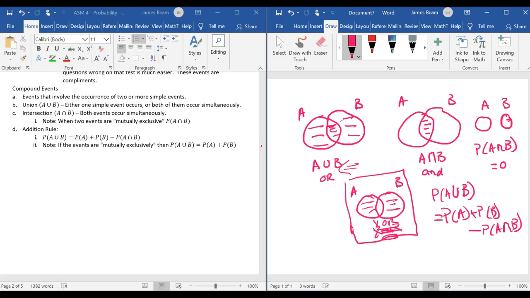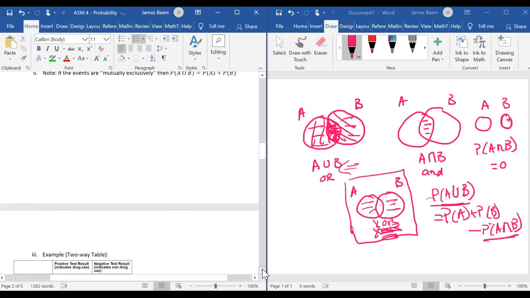The intuition is that if you count everything in A and everything in B, you're counting the intersection twice. So to get the probability of being in the union, you have to remove one of the intersections. It's a pretty simple, straightforward idea.